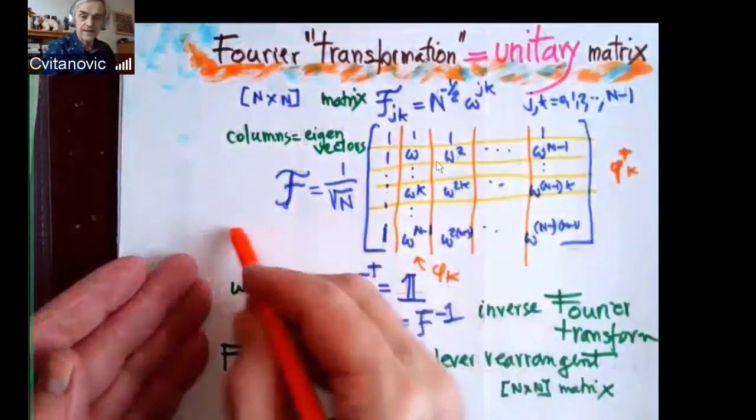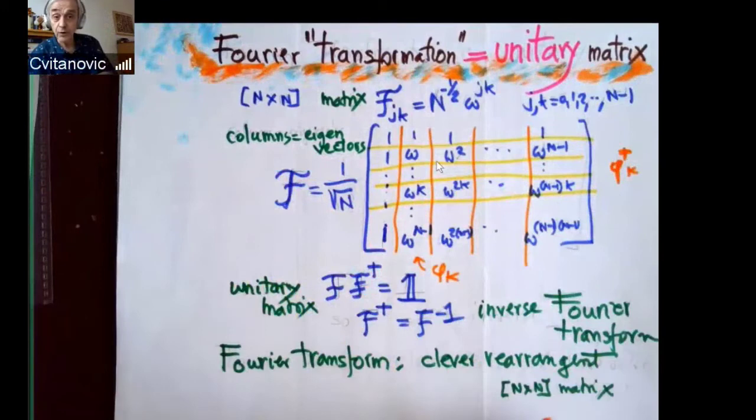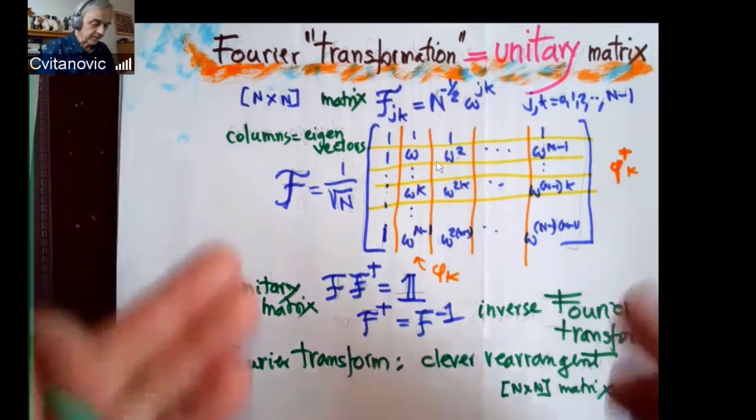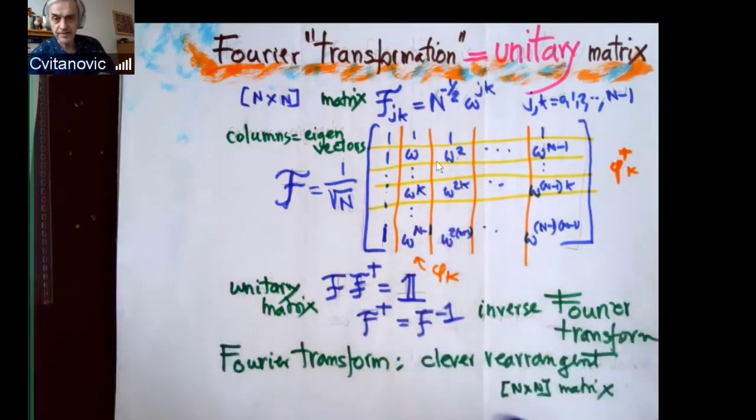And on the left-hand side showed up what we call Fourier modes. So there is a unitary transformation. And unitary is nice because it means that its inverse is just its Hermitian conjugate. So you can go back and forth, costs you nothing. So that's what we learned.